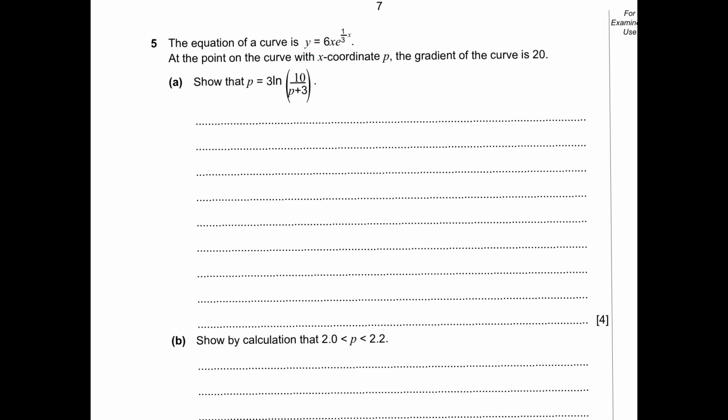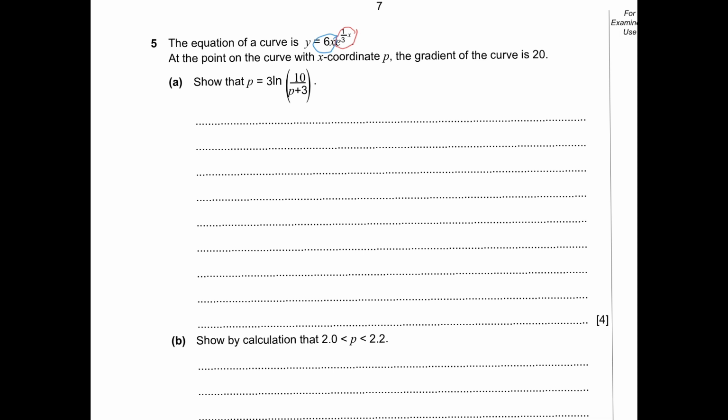But now I want you to see that this function here is a product. There are two parts here, 6x, and then e to the power of 1/3 x. So those are two factors that we differentiate as a product.